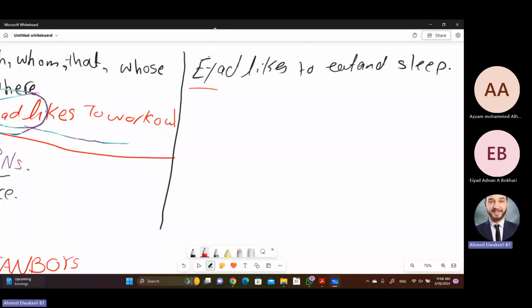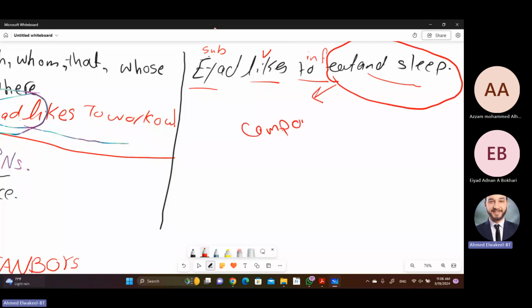Iyad is the subject, likes is the verb, to eat is an infinitive phrase, and sleep is the object. No, oh, this is a compound noun, compound object. Infinitive, eat and sleep. Oh, sorry.